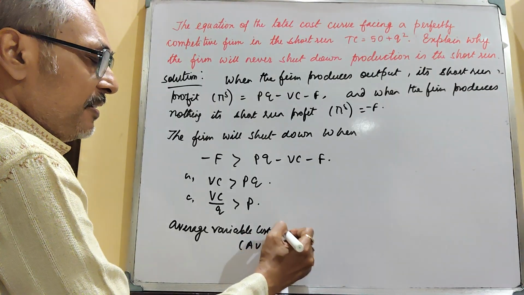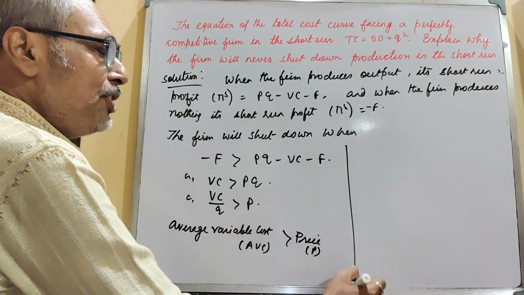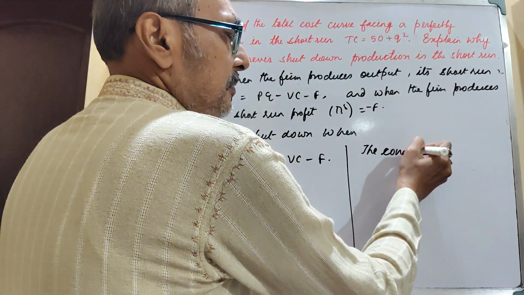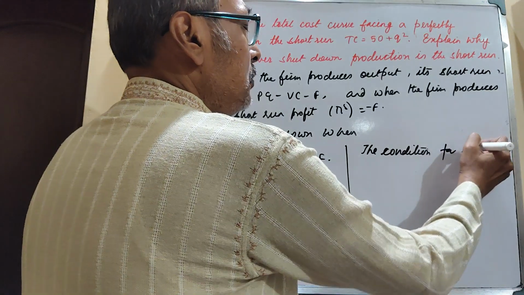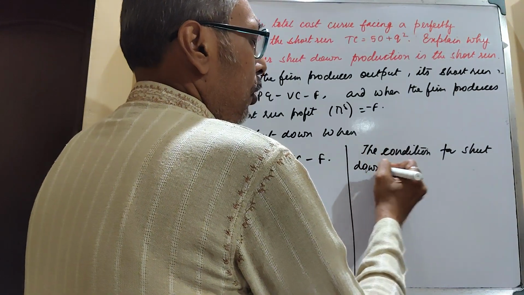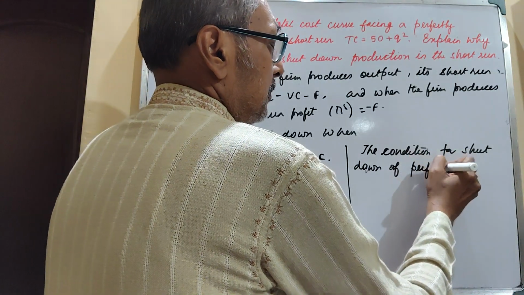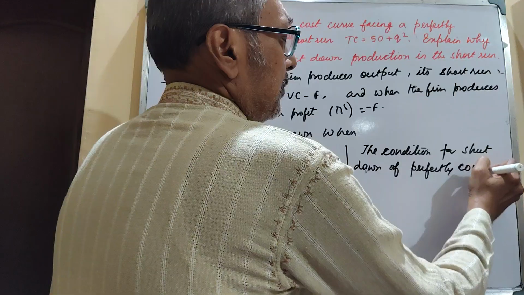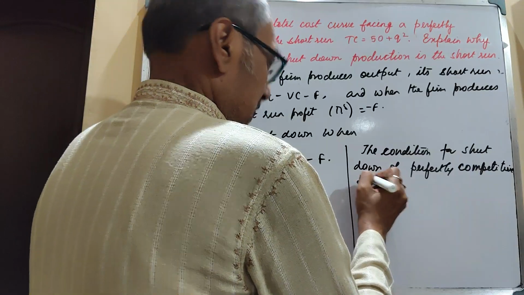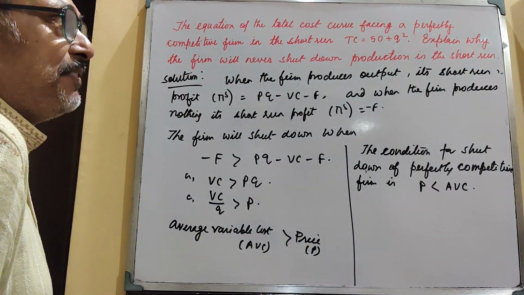AVC greater than price P. That is the condition for shutdown of a perfectly competitive firm: price less than AVC.